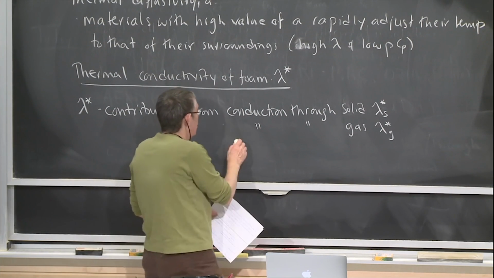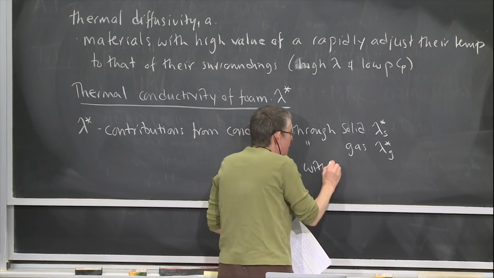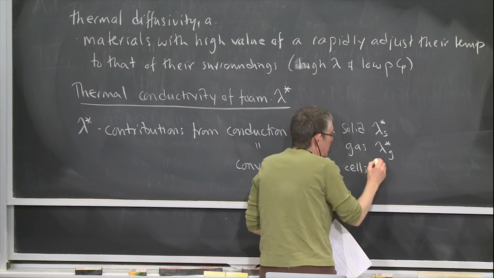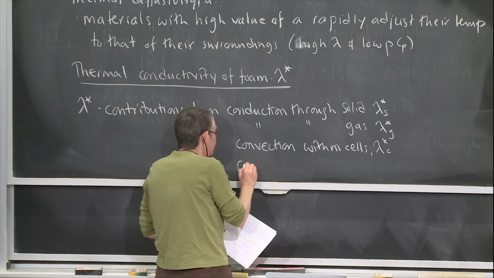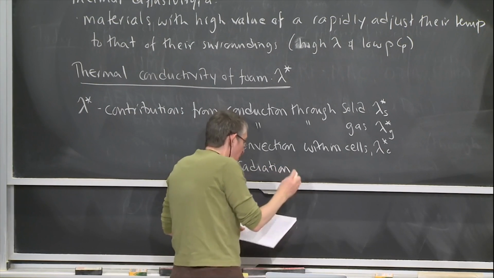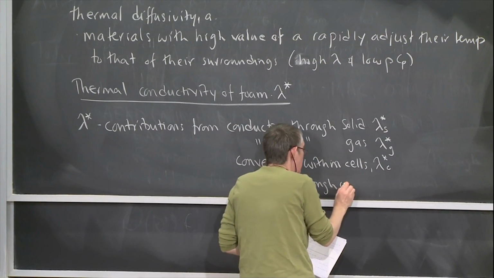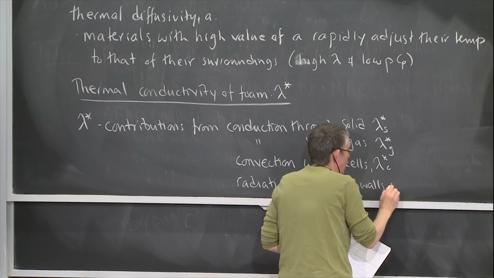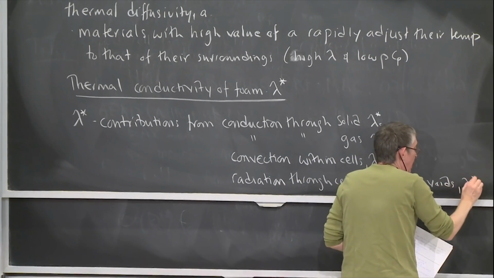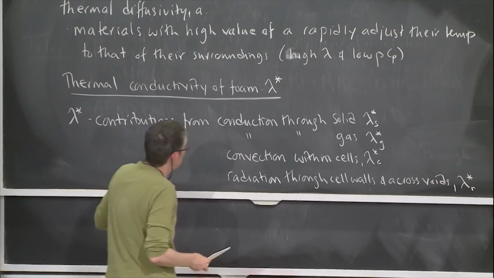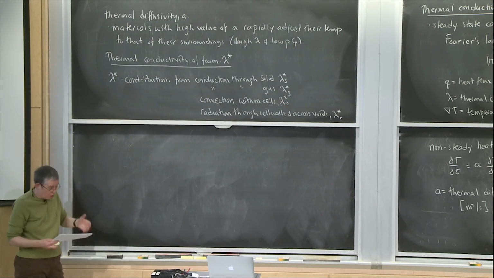And then we could have convection within the cells. I'm going to call that lambda star c. And then we could get radiation through the cell walls and across the voids. And I'll call that lambda star r.